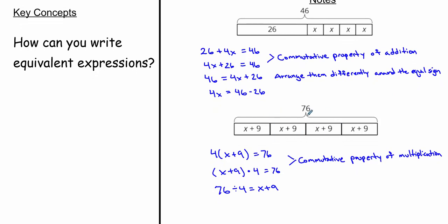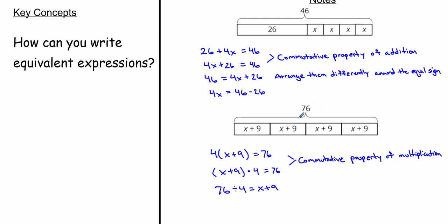In this tape diagram down here, we could rewrite this as 4 groups of x plus 9. So 4 times x plus 9 is equal to 76. And using the commutative property of multiplication, we could switch these around, right? 4 times x plus 9 is the same thing as x plus 9 times 4.